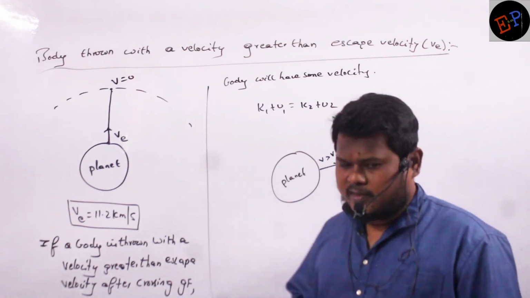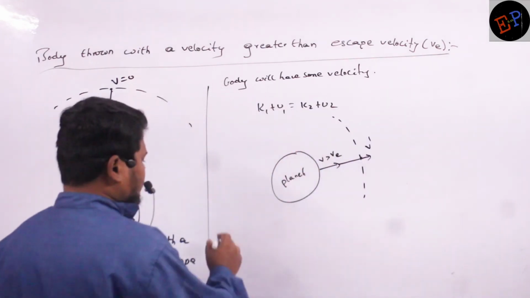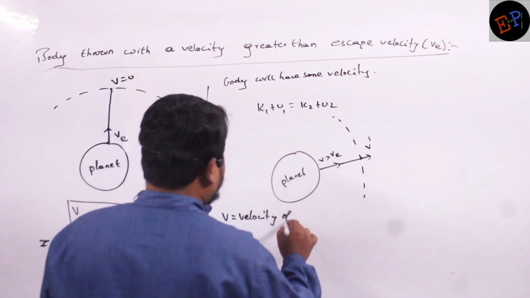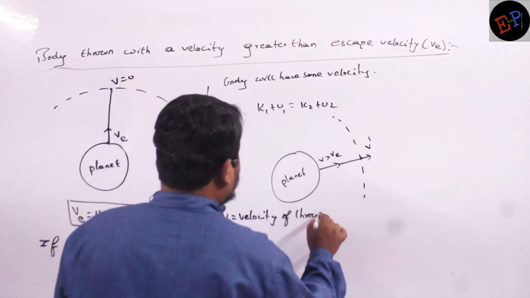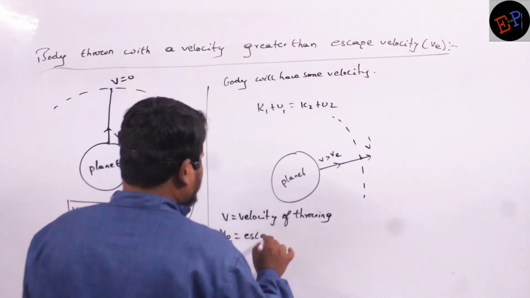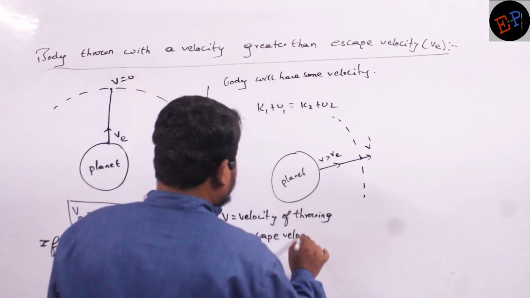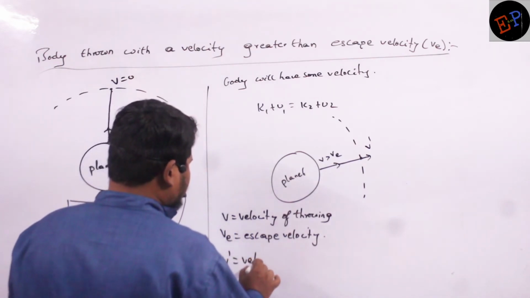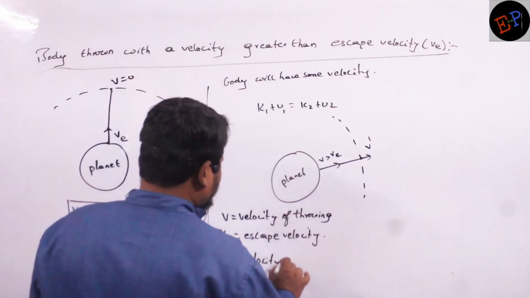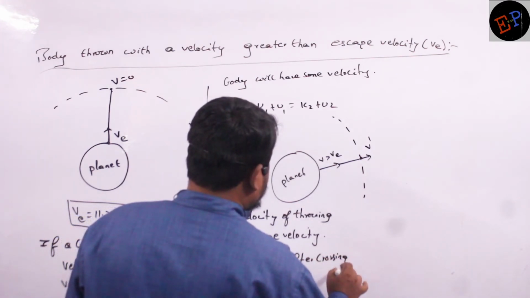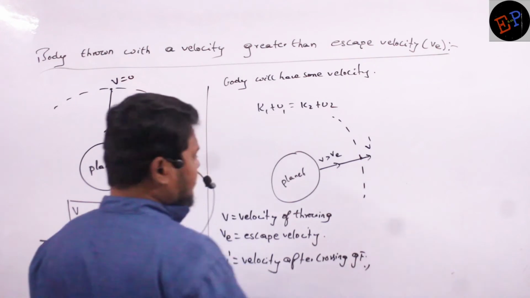So v is the velocity of throwing, v e is the escape velocity, the minimum velocity required, and v dash is the velocity after crossing the gravitational field.